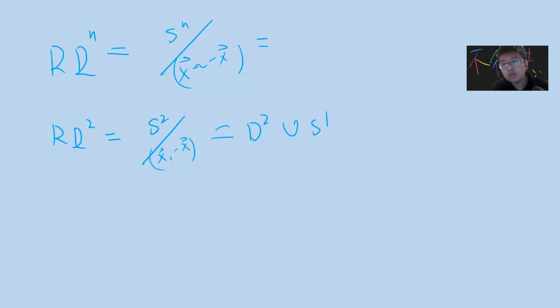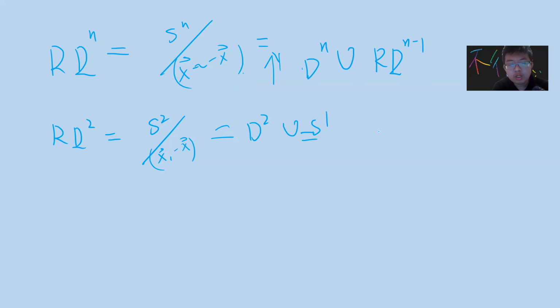So simple argument: you first remove everything and you get hemisphere, hypersphere, and then you crush it. So you get a Dn union with S1, and in this case, you get RPn minus 1.